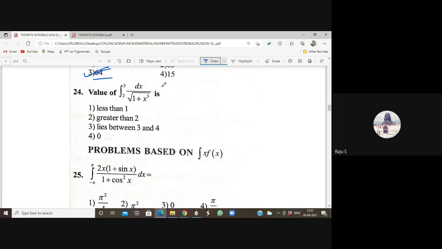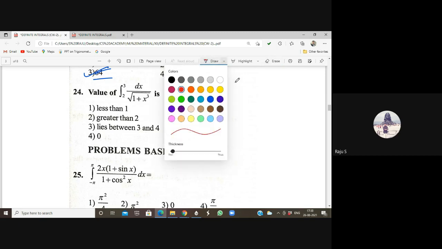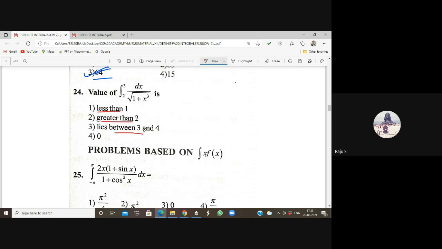Next, coming to this question, we'll do it in two ways. One way is x cube equal to t square. But in this question they have not given any particular value, and they simply ask lesser than, greater than, or between. The interval given is 2 to 3. Take 1 plus x cube, and 1 plus x square, which is clearly greater than 1 plus x the whole square.